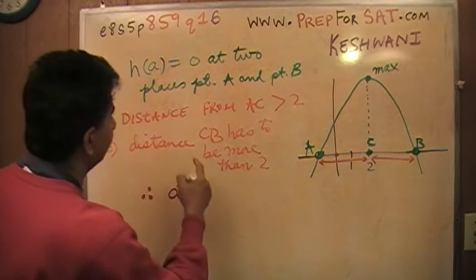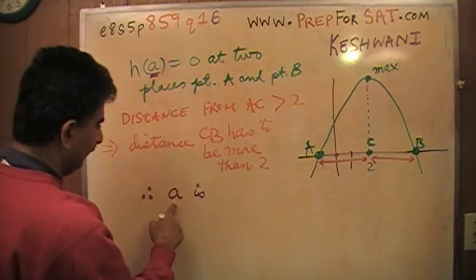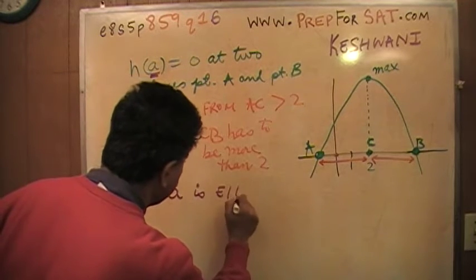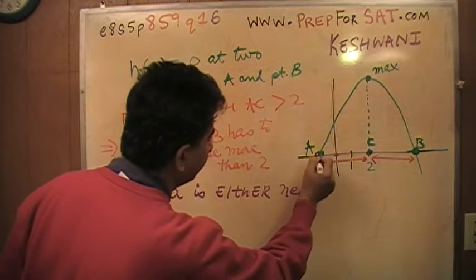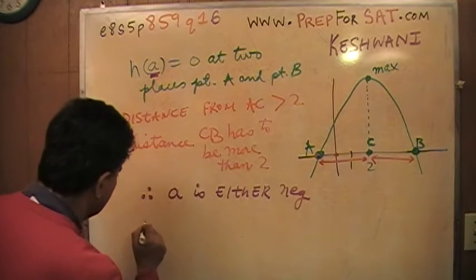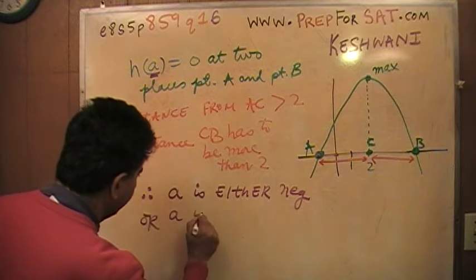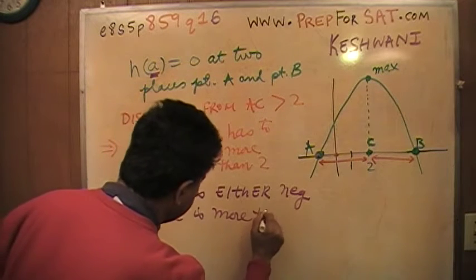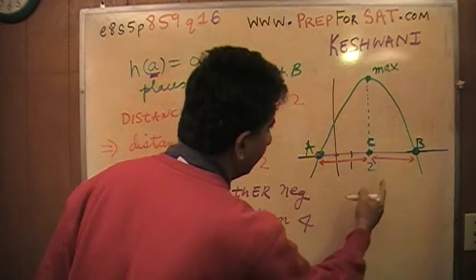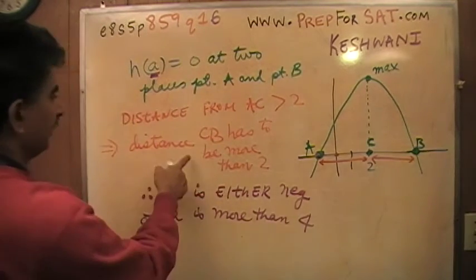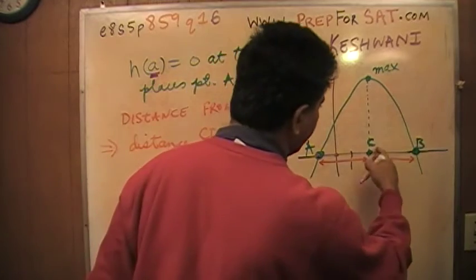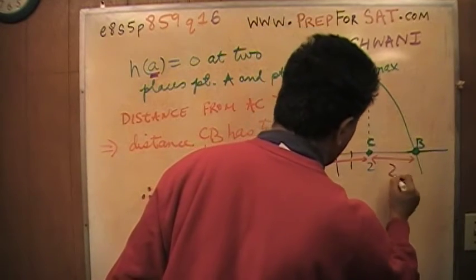f of A right here is either negative, as we can see here, or A is more than 4. It has to be more than 4 because from here to here is more than 2. This distance from here to here is more than 2.